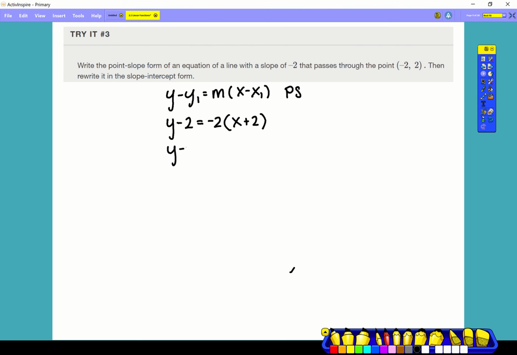So y minus 2 equals negative 2x minus 4. Then we add 2 to both sides. So we get, this is in point slope. So then we get y equals negative 2x minus 2. This is in slope intercept.